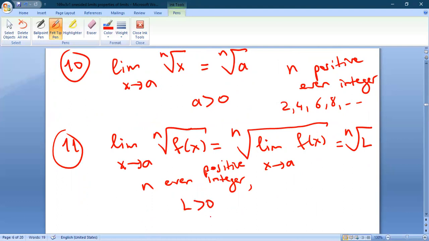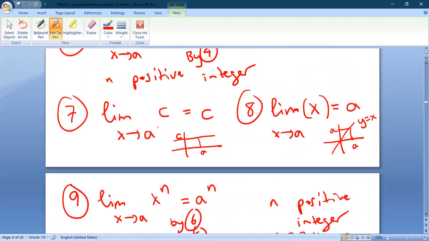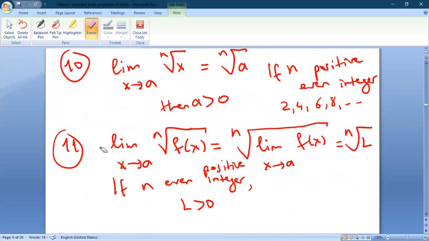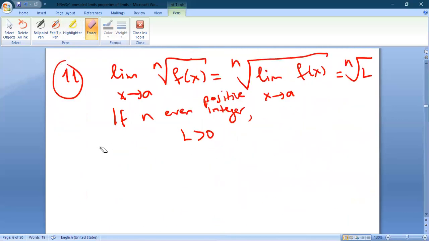Otherwise, we can't take the root. If n is an even integer, then a must be positive. If n is not an even integer, then everything is fine. So anyway, we have this rule.